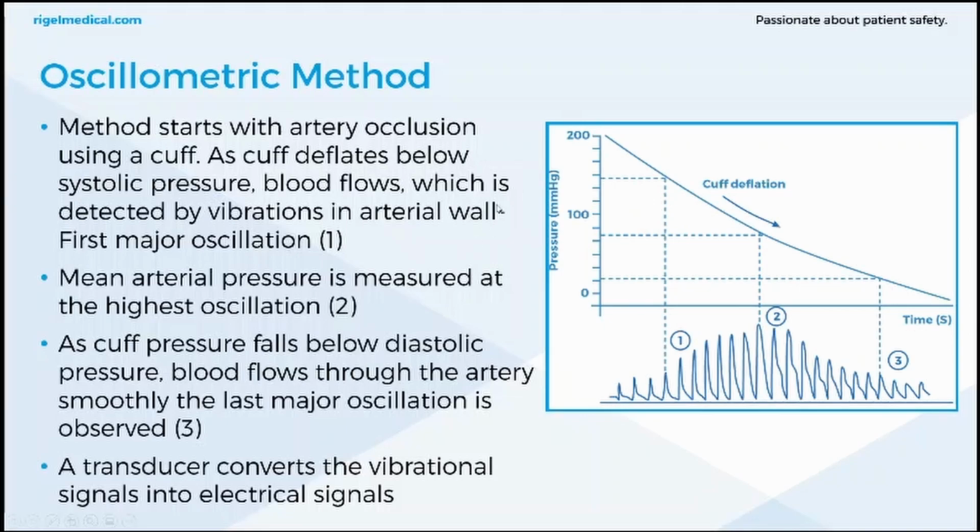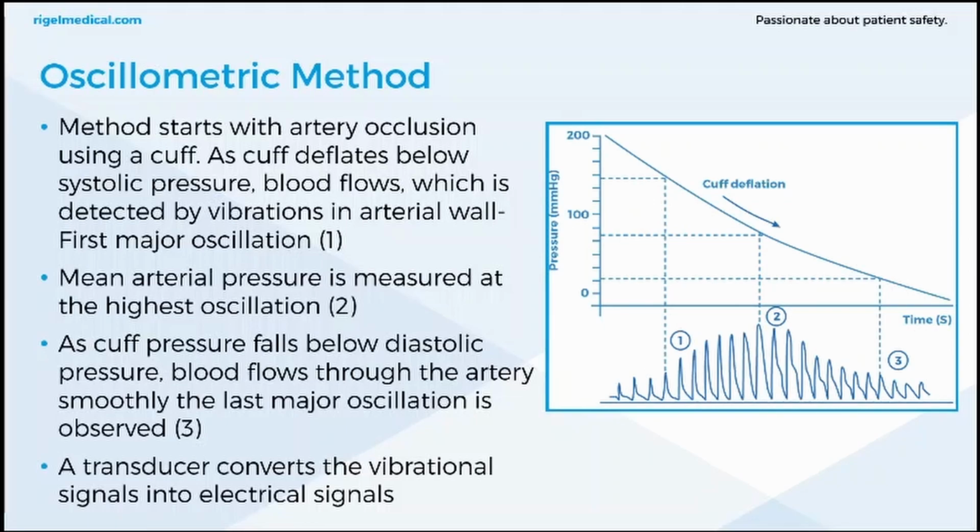The method starts with occlusion using a cuff. As a cuff deflates below systolic pressure, blood flows, which is detected by vibrations in the arterial wall. So what a cuff is doing when it's first inflated is completely cutting off any arterial pressure at the point of measurement. In this case, it's typically on your arm.